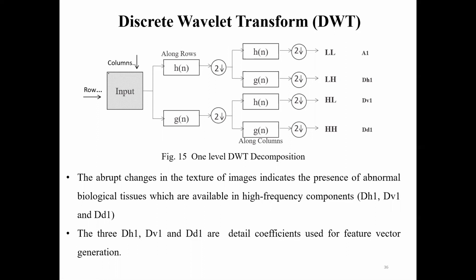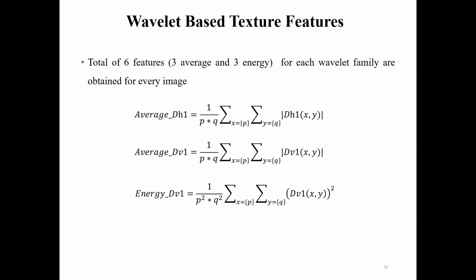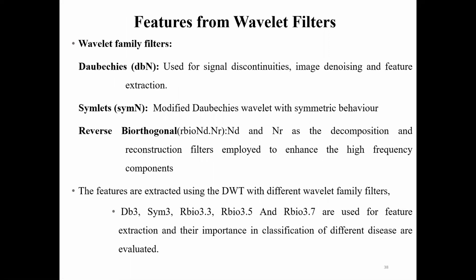These are used. The wavelet-based texture features, a total of 6 features, 3 average and 3 energy for each wavelet family, are obtained for every image. The following wavelet family filters are taken: Daubechies, used for signal discontinuity, image denoising and feature extraction.